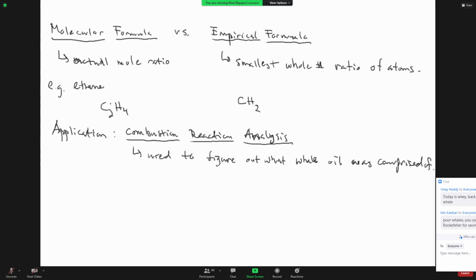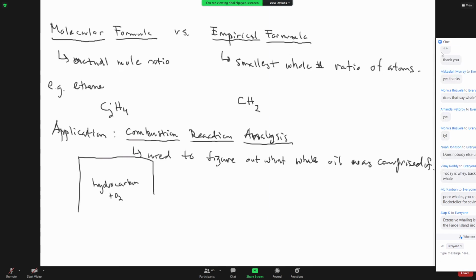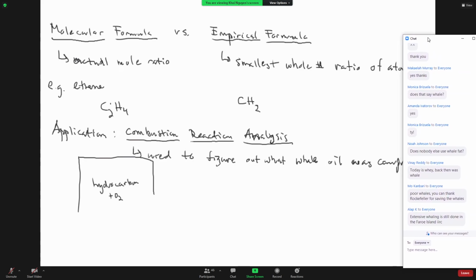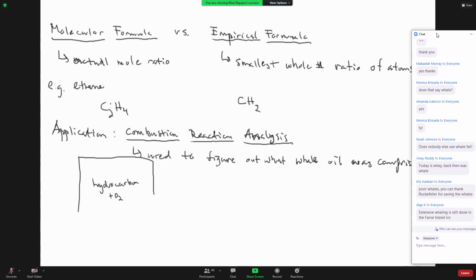So what you end up doing is putting your hydrocarbon in some chamber, and you're going to have oxygen gas, probably through some intake. Think about it. We've been exploiting Mother Nature since forever.